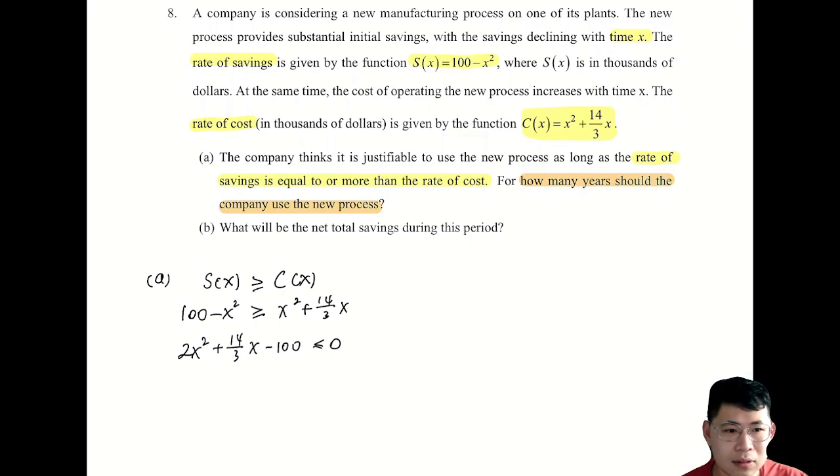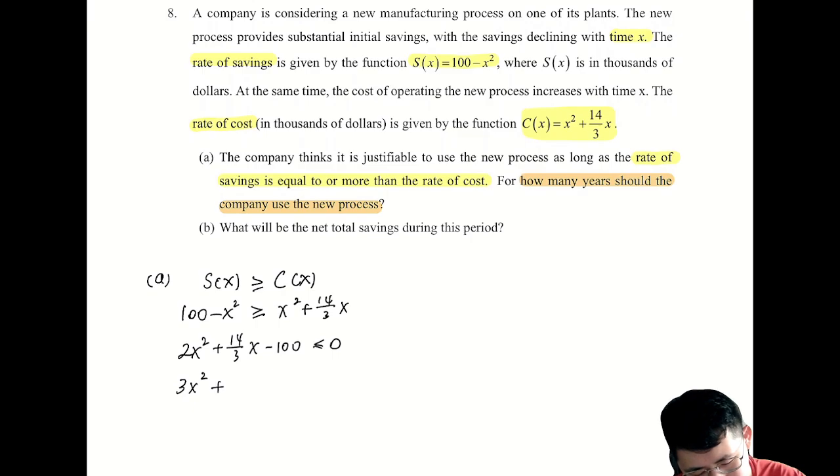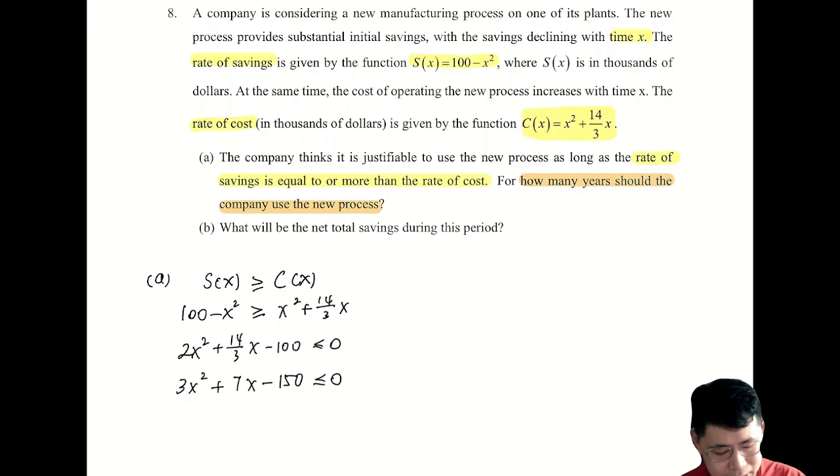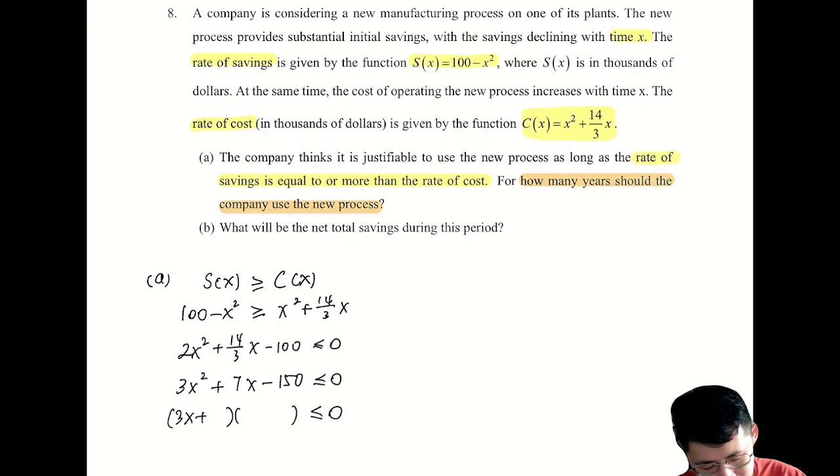Multiply by 3 and divide by 2, I will have something like 3x squared plus 7x minus 150. This would be the easiest form over here, and I can factorize this to get 3x plus 25 and x minus 6.